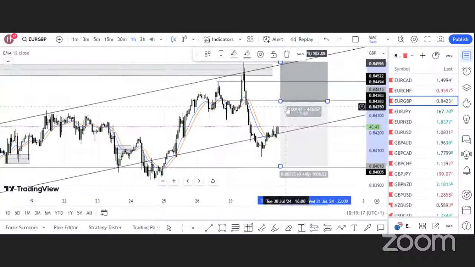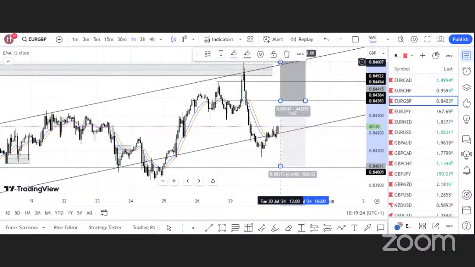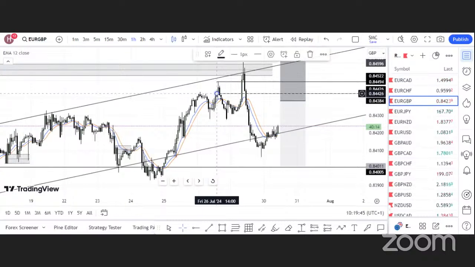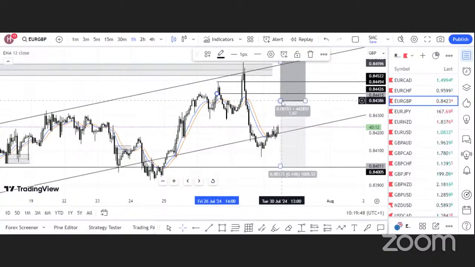All right, so we are currently on Euro GBP. So this is Euro GBP, 1 hour time frame.